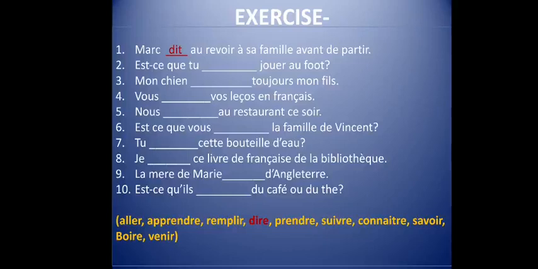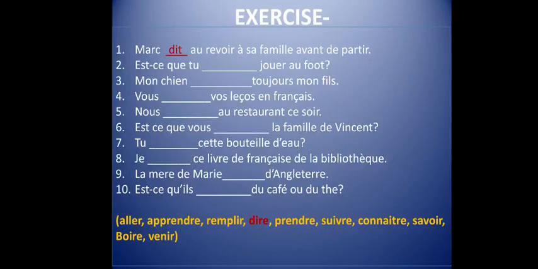Sixth one. Est-ce que vous dash la famille de Vincent? Do you dash the family of Vincent? Seventh, tu dash cette bouteille d'eau. You dash this bottle of water.